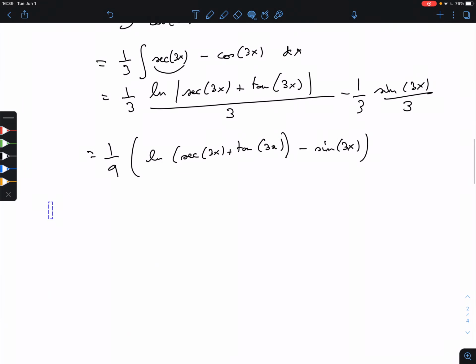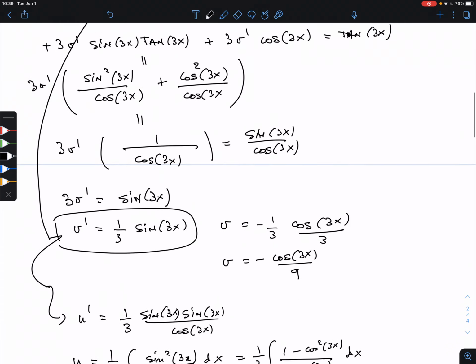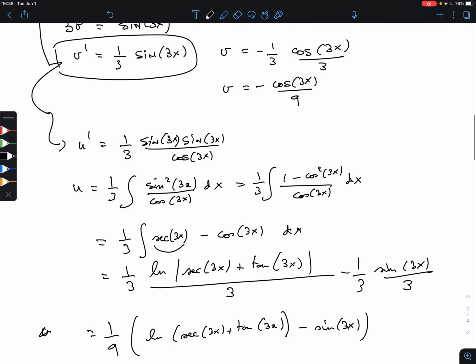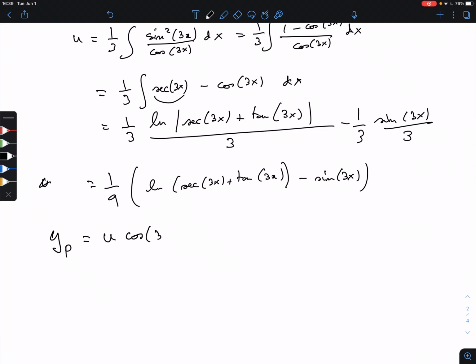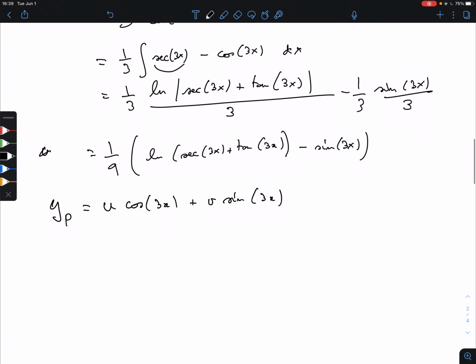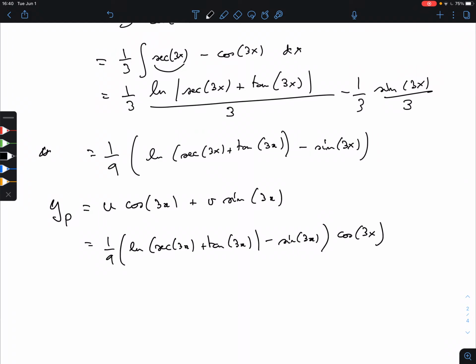So we know that y, this is our particular solution. What is our particular solution? That is u. Remember, this is our boxed or orange here: u times cosine 3x plus v sine 3x. Let me write it again. u was this fellow, so that is 1/9 ln secant 3x plus tangent 3x minus sine 3x, and I'm going to multiply this with cosine 3x plus v.